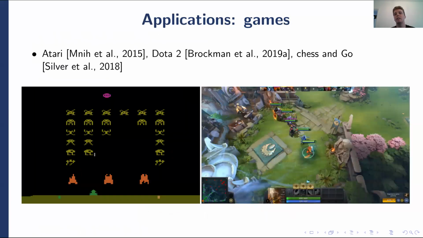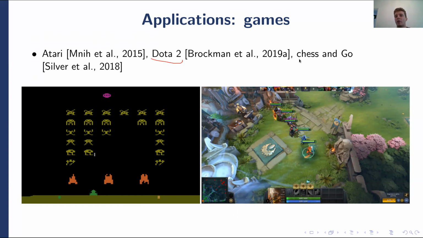Now, reinforcement learning has many applications. And so reinforcement learning has been used, for example, to teach agents to play Atari games by just receiving raw images and rewards as inputs. So many Atari games can be solved already by reinforcement learning agents. Reinforcement learning has been used to train agents that play Dota 2.